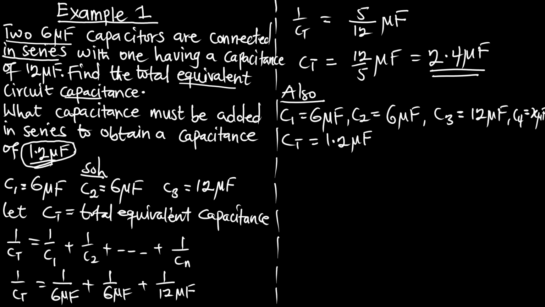Remember, they are all in series. So our 1 on CT should be equal to 1 on C1 plus 1 on C2 plus 1 on C3 plus 1 on C4.